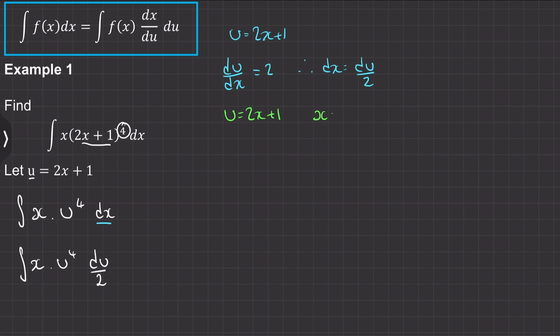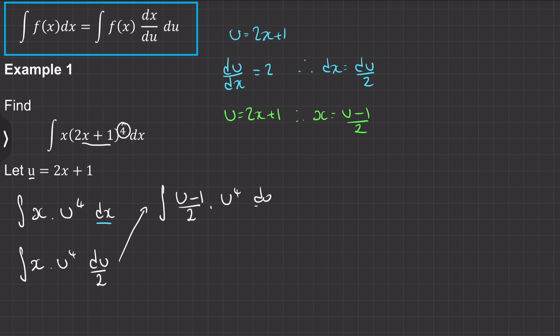So x will equal u minus 1 over 2. And again, we can substitute this x now back into here. So again, we'll rewrite the integral. We have the integral of x, so u minus 1 over 2, multiplied by u to the 4, times du over 2.